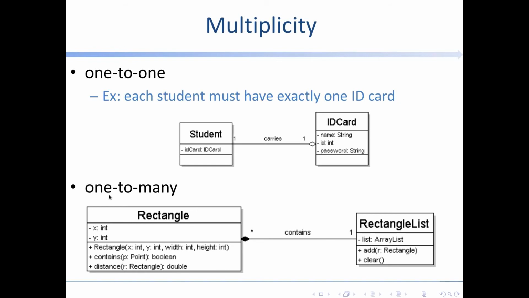One-to-many is shown by, actually the color means something else, but here's just a one-to-many relationship: a rectangle list contains many rectangles, right? I read it like that because the arrow is on that side, and the rectangle is always in a rectangle list because there's at least one here.